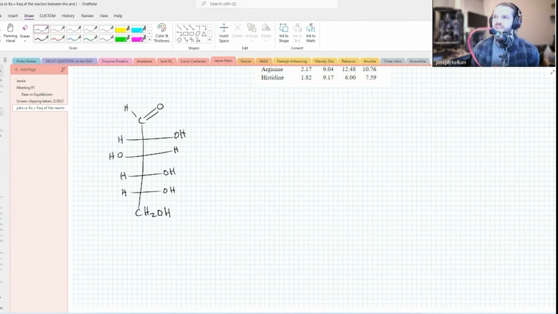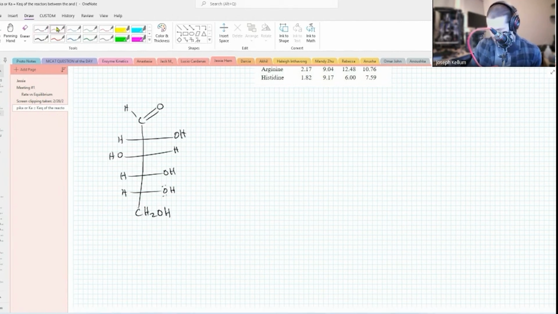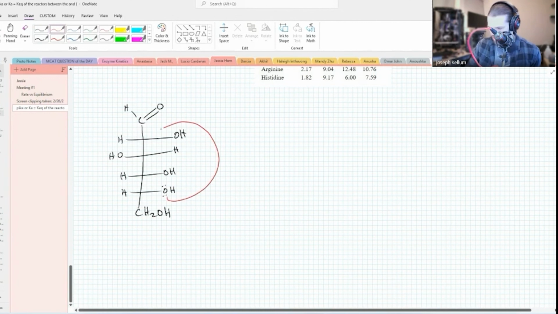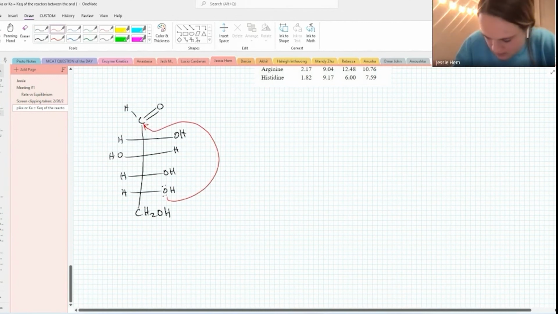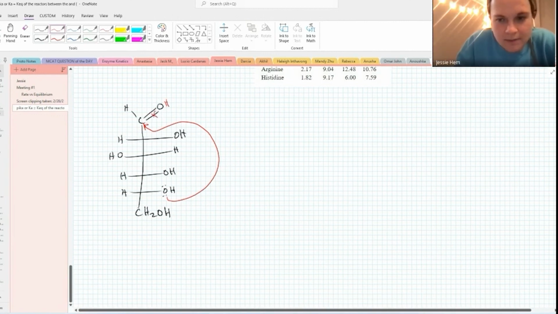Okay, so whenever glucose forms its cyclic form, it's this oxygen that comes up and attacks the carbonyl carbon, right? And so that causes this carbonyl to turn into just an OH, because it'll pick up the hydrogen.